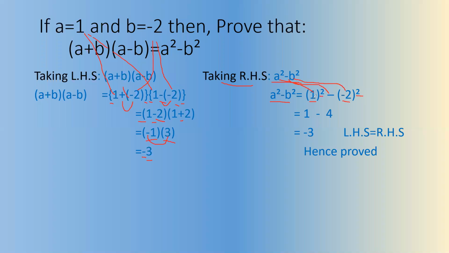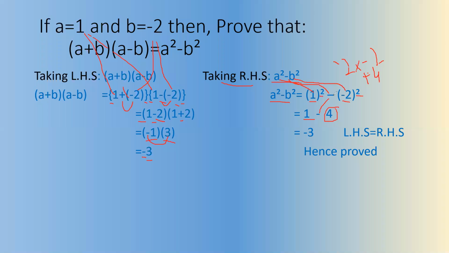Now students, square of 1 means 1 is multiplying 2 times. 1 ones are 1. Then copy down minus sign from the question here. Now minus 2 square means minus 2 is multiplying 2 times. Minus minus is plus and 2 twos are 4. So we have copied 4 here.